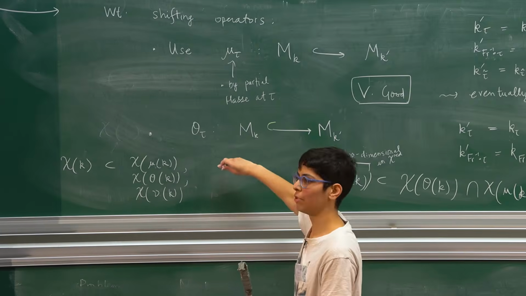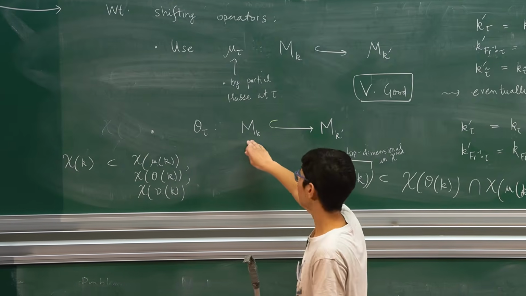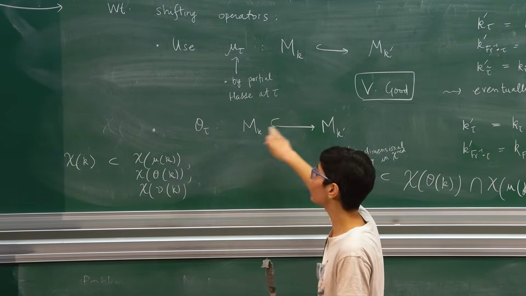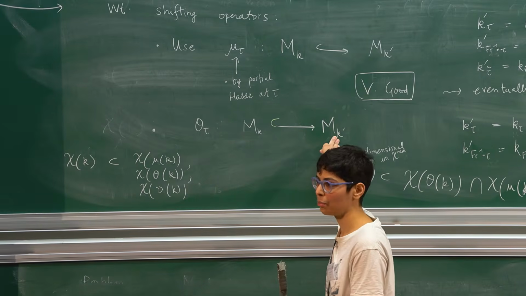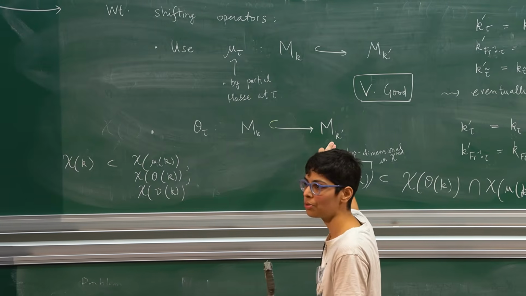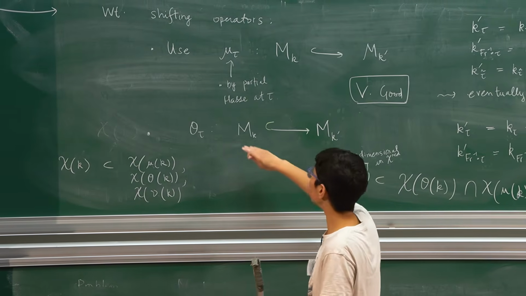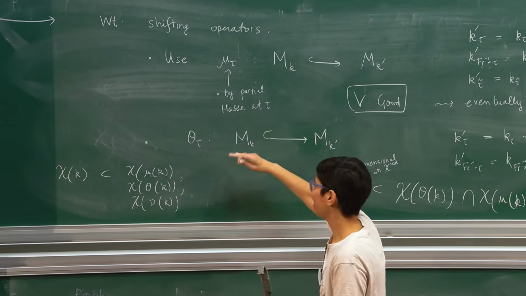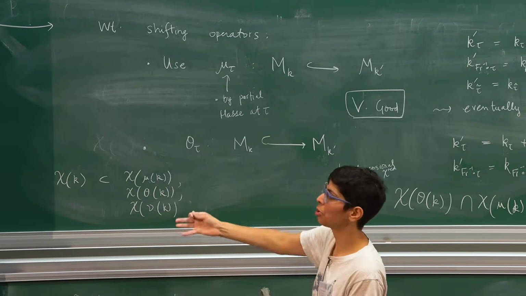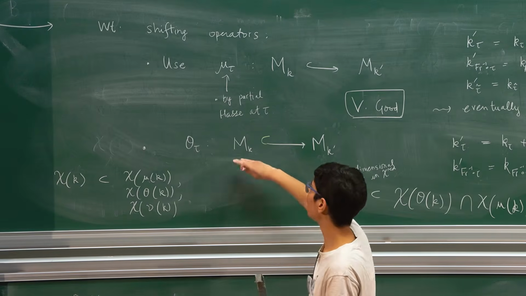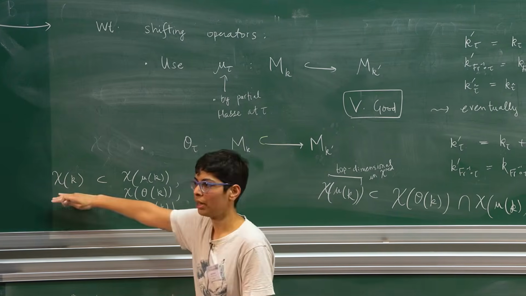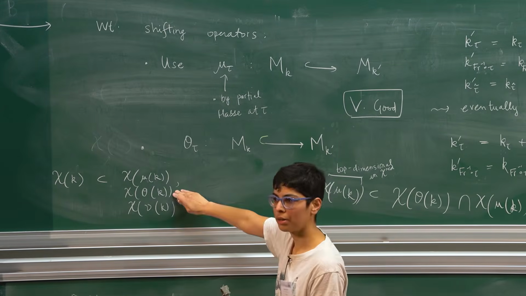If you believe Langlands, this Hecke eigensystem also shows up in weight k prime, and local-global compatibility holds true. The statement of local-global compatibility that we are working with implies that anything here should show up here, and anything here should show up here.